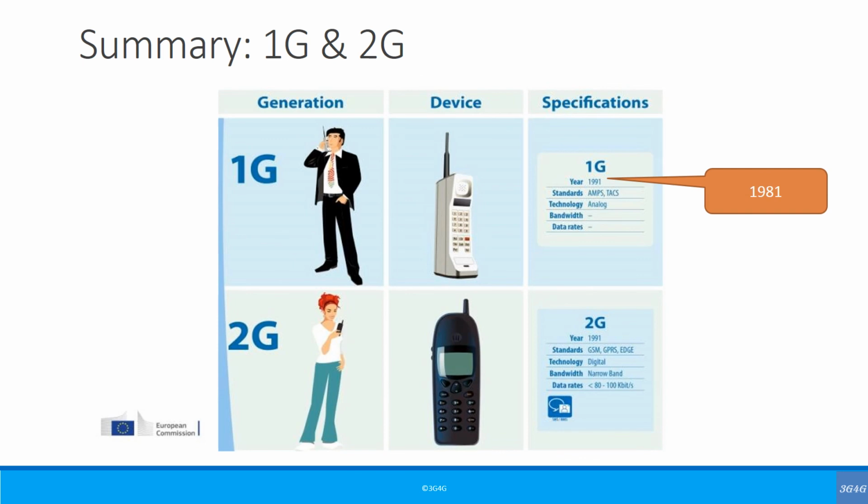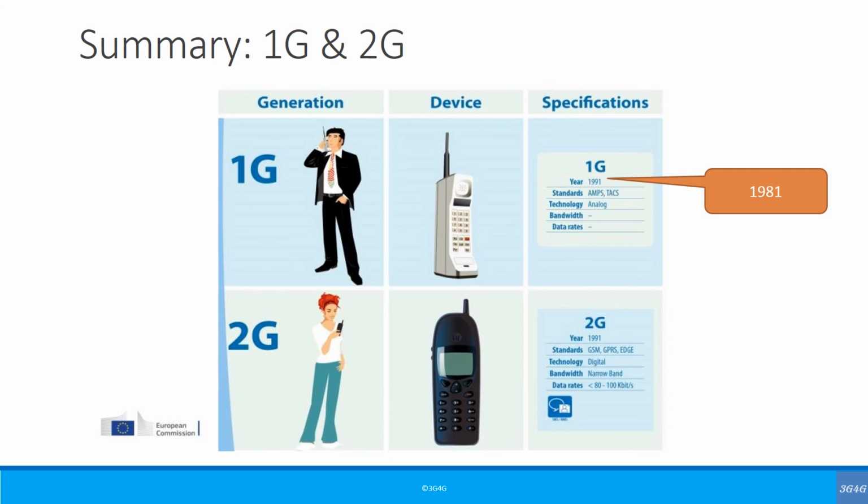So if we summarize all these different technologies we learned about, this is a good picture from the European Commission, which I'm using. 1G was mainly designed for voice, right? And we looked at AMPS as one of the standards. 2G was for voice as well as data, really really little amount of data, but the main emphasis was still on voice.